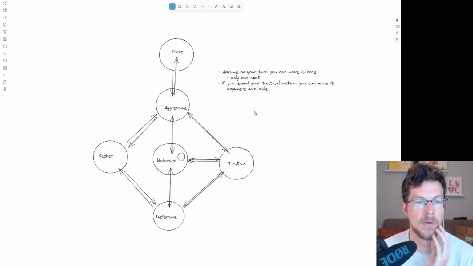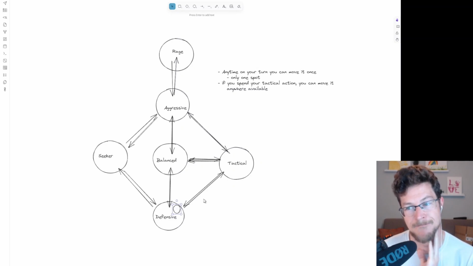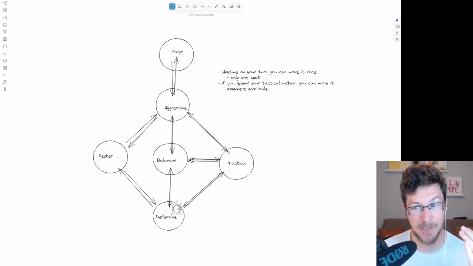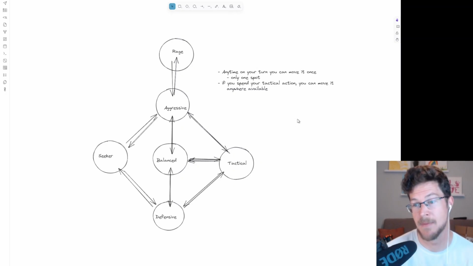Meaning that if you've got it here and you are a fury, you can burn your tactical action, which means you're not getting that amazing choice, but you can throw that all the way up to the rage spot before you then take your attack, right? And then you take your attack. So anyways, that is the idea of the mini game that exists for the warrior class.